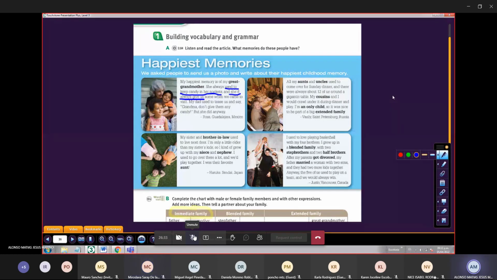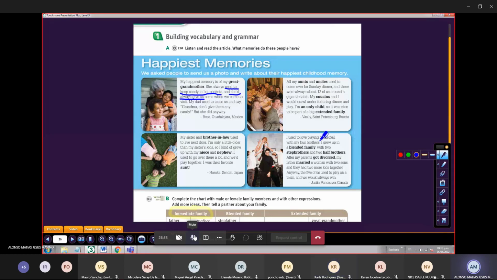Right. My cousins and I would crawl under it during dinner. That is the second structure. Now, for the fourth passage: Anyway, the 5 of us used to play on a team and we would always win.